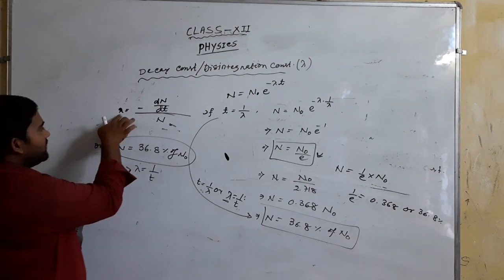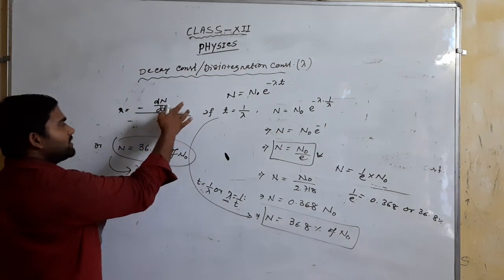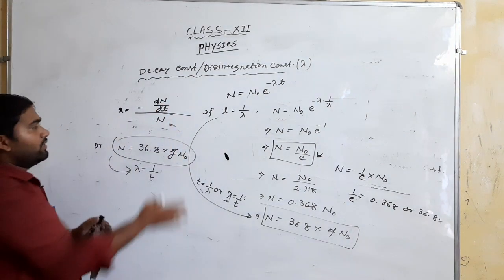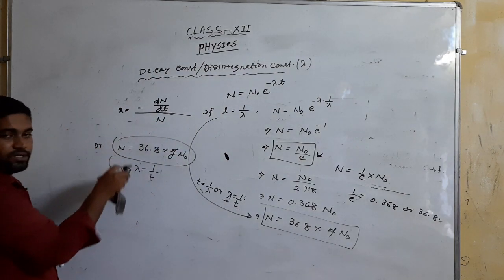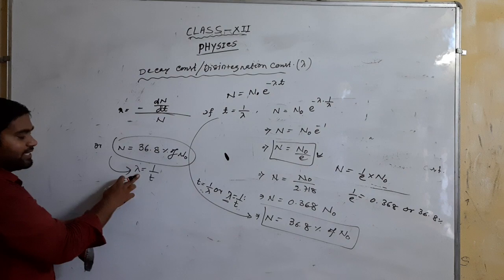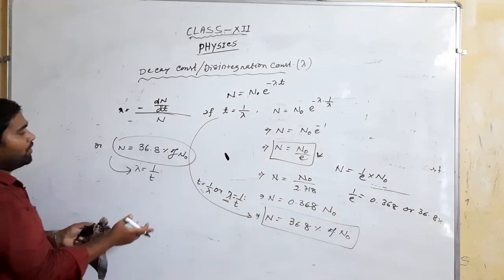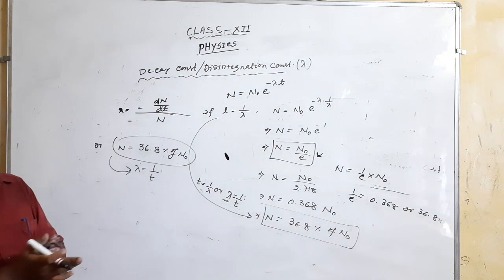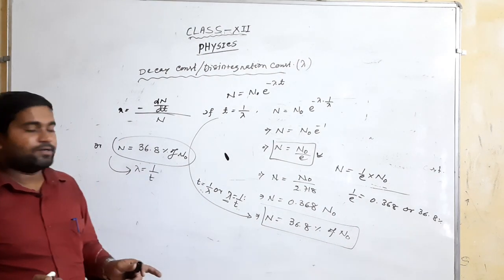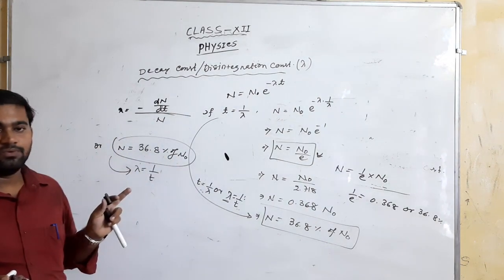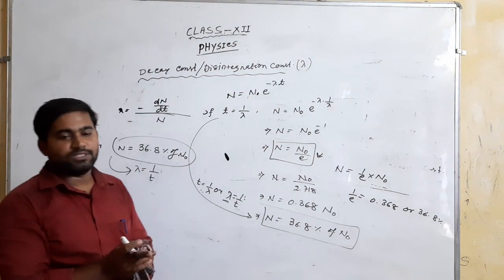So decay constant is the ratio of the rate of disintegration to the number of samples remaining undecayed at any time t, or the reciprocal of time during which the sample reduces to 36.8% of its initial value. So these are the two different forms of decay constant.